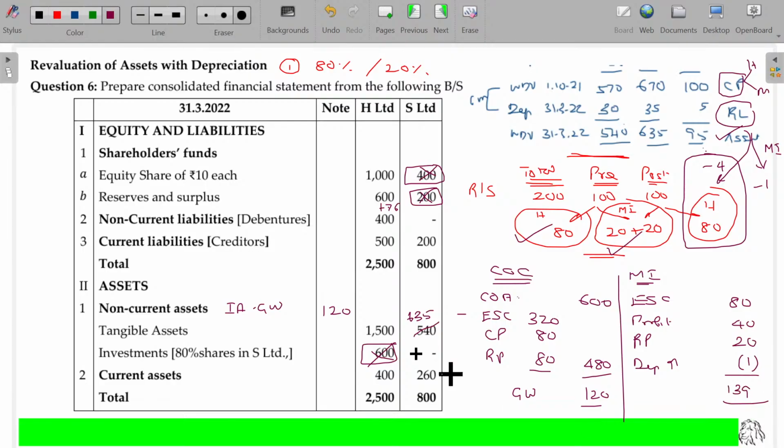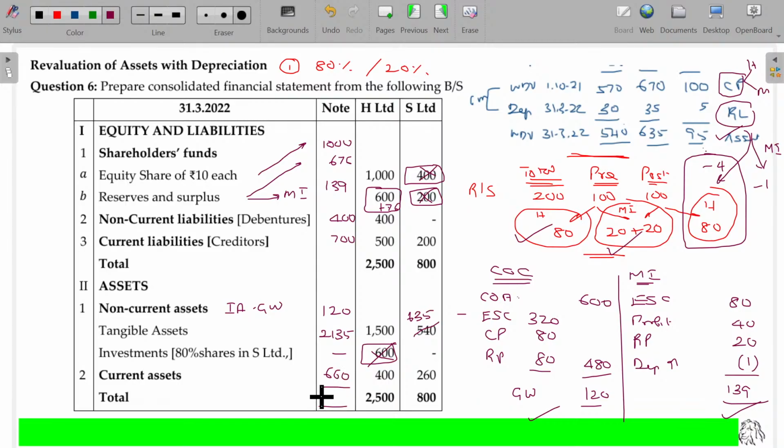139, am I right? So here equity share capital 1000, reserves and surplus 600 plus 76, 676, and then minority interest 139, non-current liabilities 400, and current liabilities being 700, and tangible assets 1500 plus 635, 2135, and current assets being 660, and goodwill.